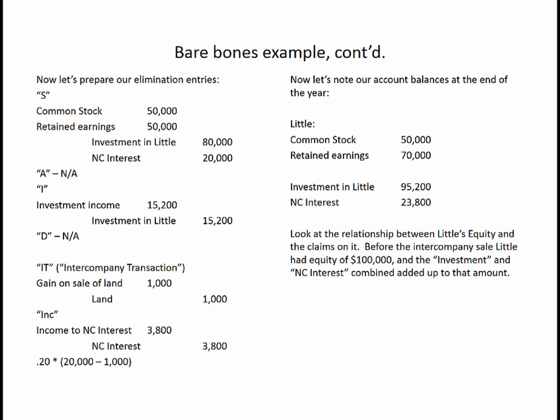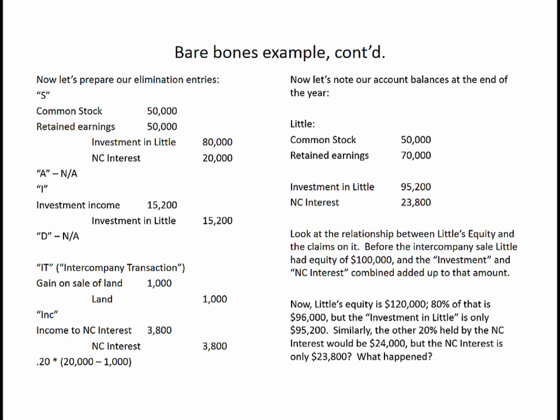Now let's look at the relationship between Little's equity and those two claims on their equity. Before we had this intercompany sale, Little had owner's equity of $100,000, and the investment and non-controlling interest accounts combined added up to that $100,000. Again, equity of $100,000, we had an investment account of $80,000, and a non-controlling interest of $20,000.